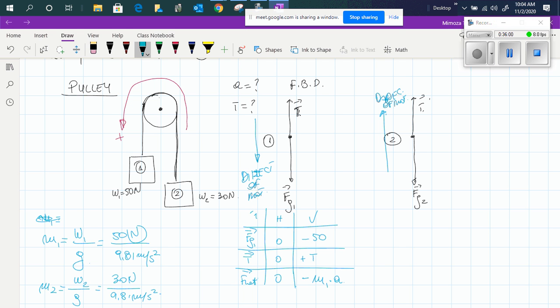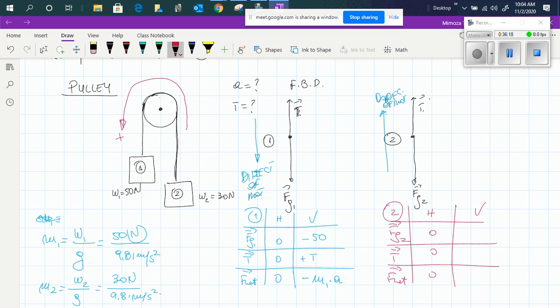So this is for object 1, and for object 2 we have pretty much the same thing: force of gravity 2, tension, and force net. So 0, 0, 0 for the horizontal, and for the vertical negative 30, and this will be positive tension, and this will be positive mass 2 times acceleration.